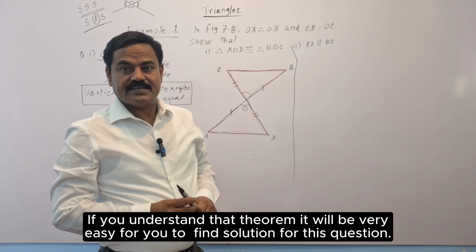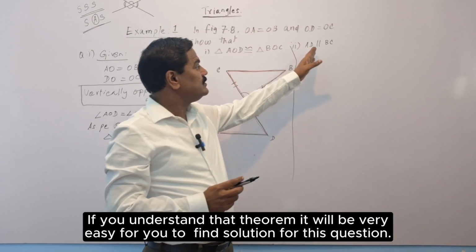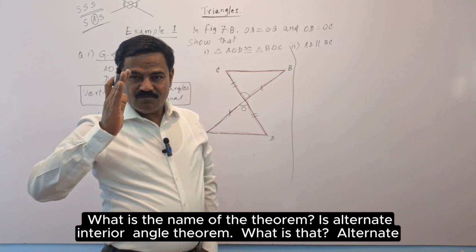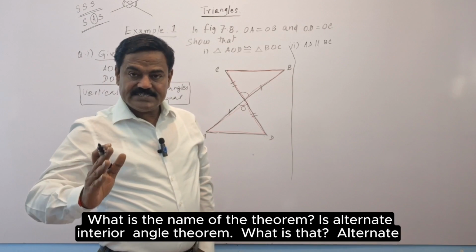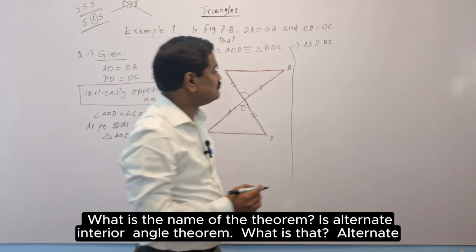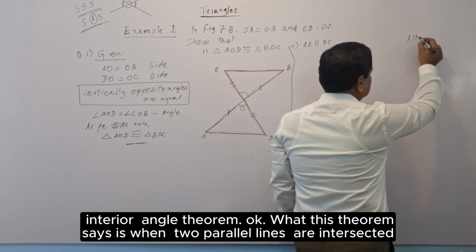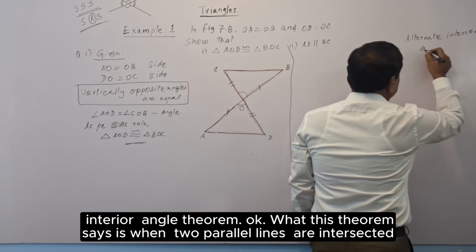If you understand that theorem, it will be very easy for you to find the solution for this question. What is the name of the theorem? It is the alternate interior angle theorem.